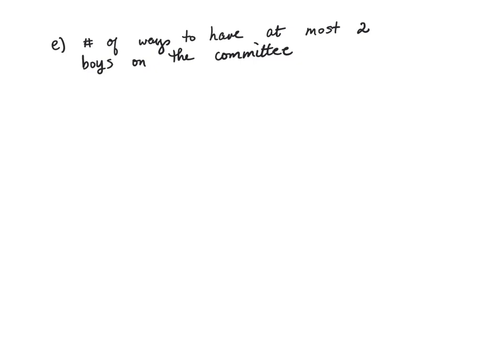So we could pick exactly 2 boys from the 10 for the committee, but we also pick 1 girl because these have to add up to 3. But we also could pick 1 boy for the committee out of 10, but we have to consider picking 2 girls from the 20.